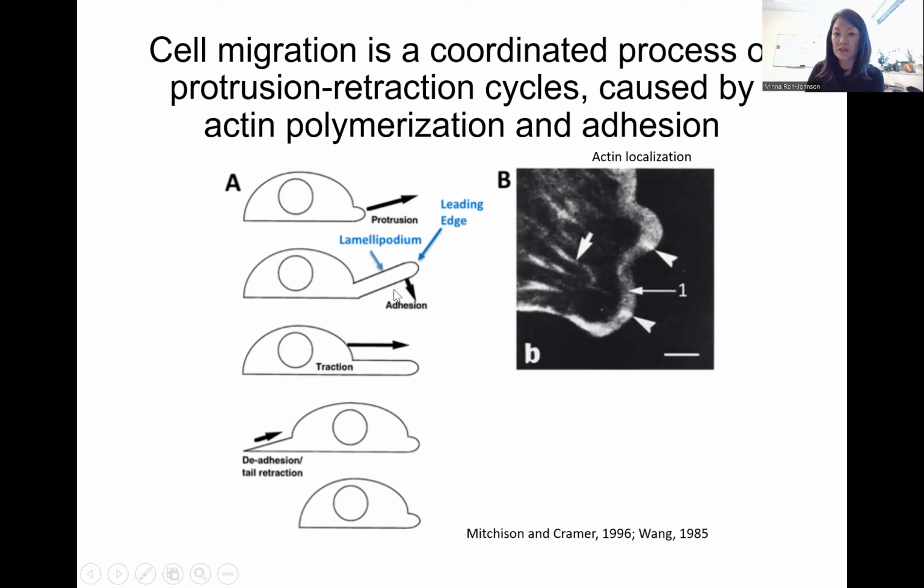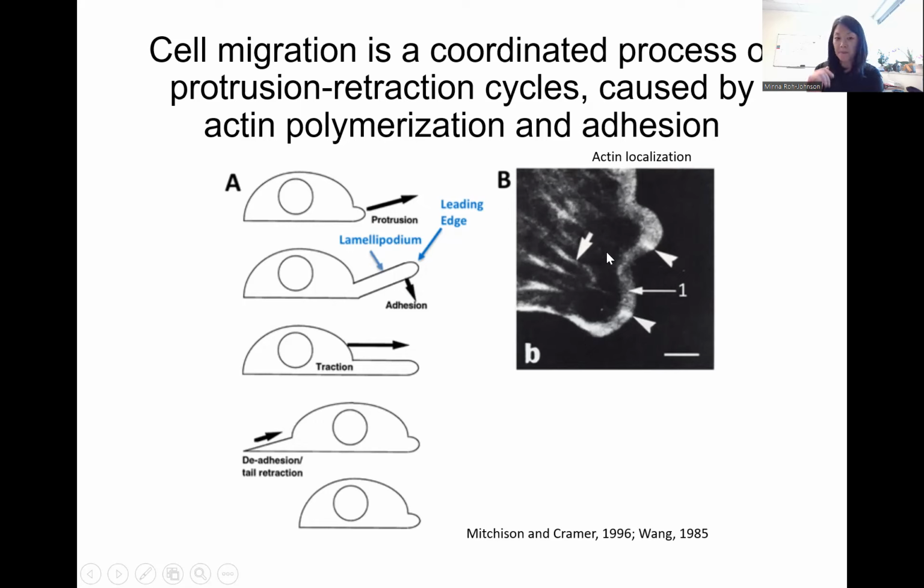Of course, it's not that the actin is only there. There are actin structures more proximal, closer to the cell body, that still maintain the shape of the cell as it pushes out this actin-rich protrusion in the front.